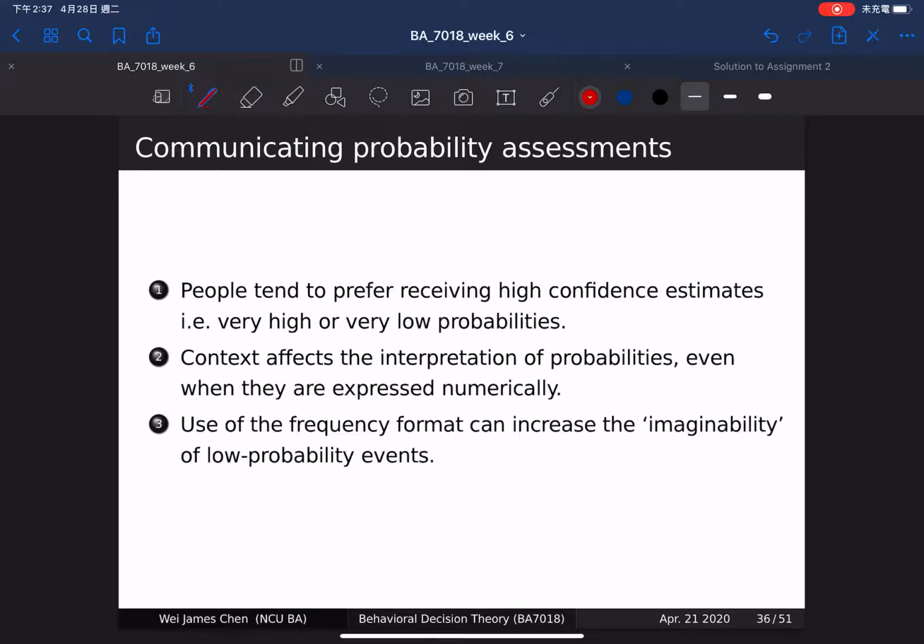For example, if I told you that the probability that you'll pass this course is 1%, you will think that's really, really low, right? But if I tell you the probability that you will become a super rich person in the future is 1%, you will think that's actually pretty high, right? So that's the same 1%, but you think the probability is different.